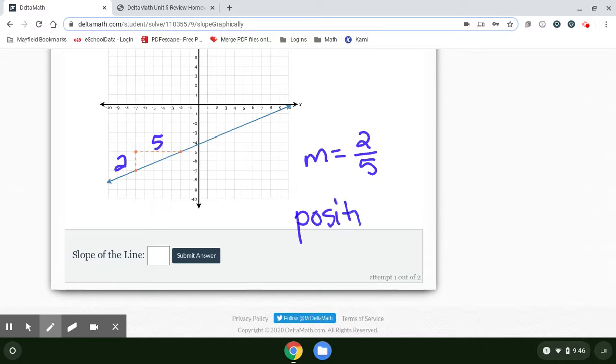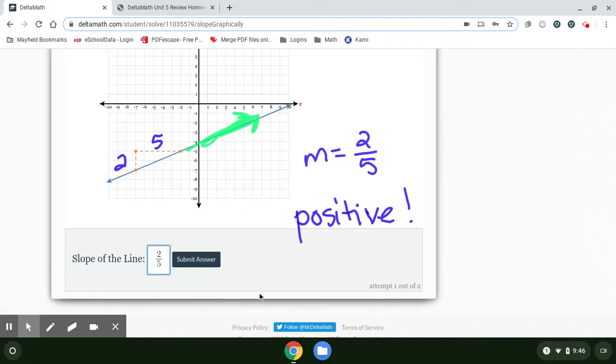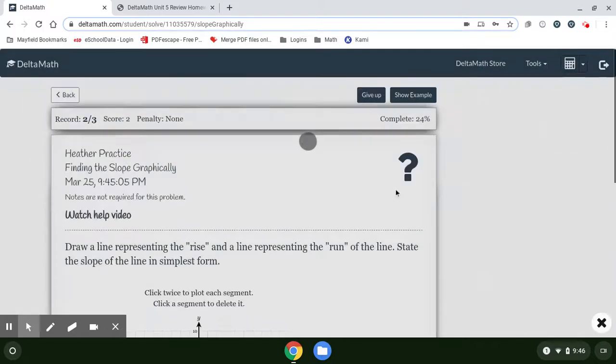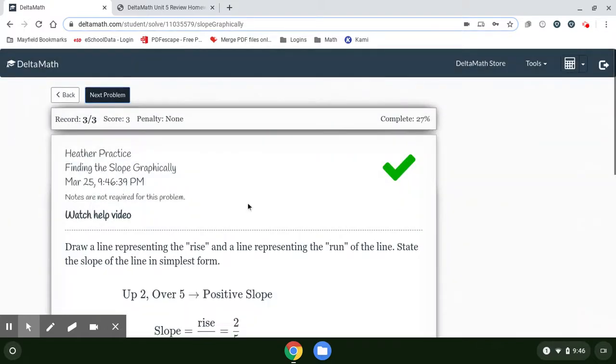And it's definitely a positive line. It's going uphill, so it should be positive. So now I can record my slope, 2 over 5. And yes.